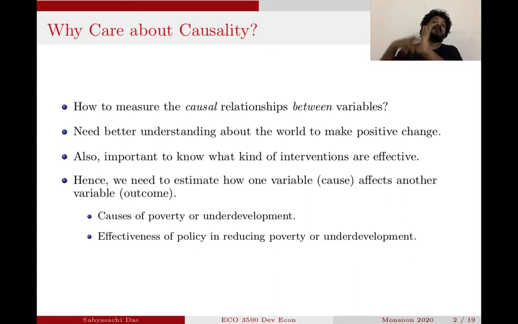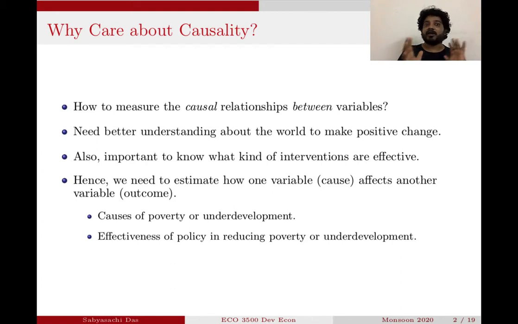One could again have preconceived notions, that maybe we should give them bank accounts if we want to increase the savings of poor people. Maybe that's one policy you have in mind. Some other people may have other ideas in mind about how to improve savings. Now, which of these policy interventions will have the largest effect on increasing savings, if that's what you were after?